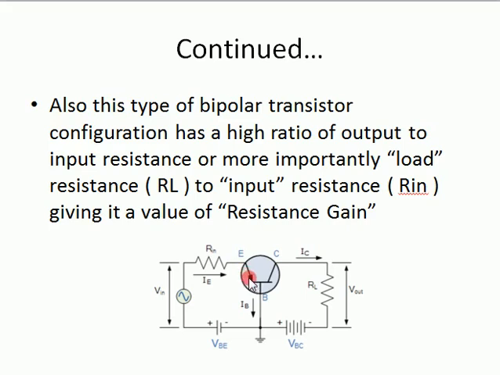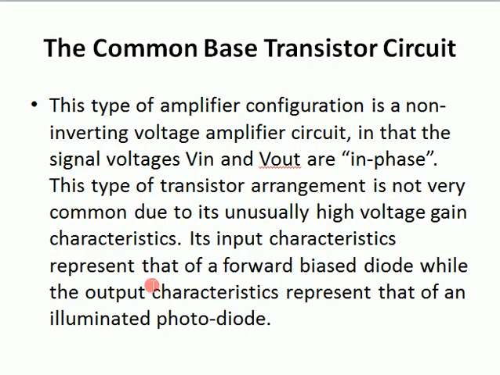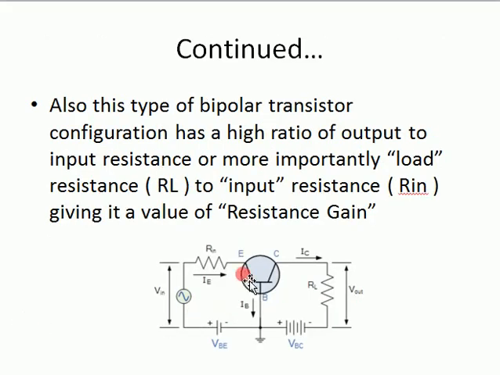So here you see this is positive, this is negative, and this is also positive. So the input junction is forward biased, as it has been mentioned here. The input characteristics represent that of the forward biasing of the diode. So there the base emitter junction is forward biased, and at the output side you see the collector is positive and this is negative, and here is reverse biasing.